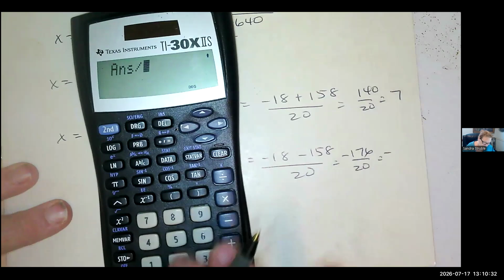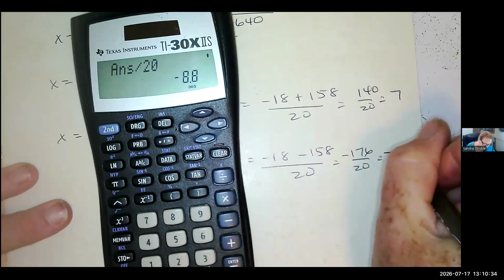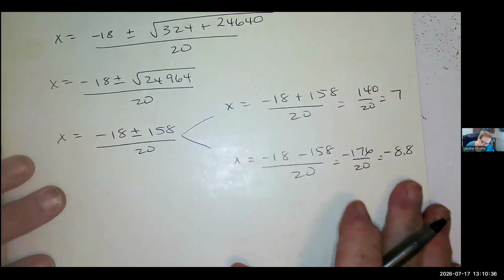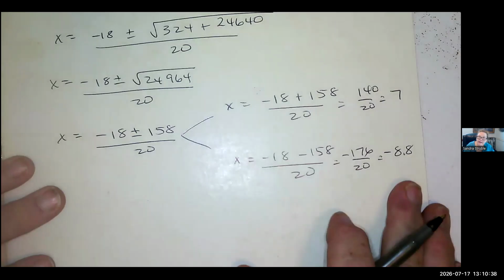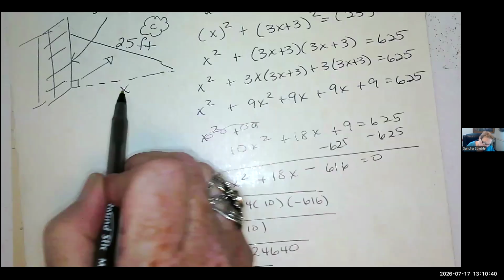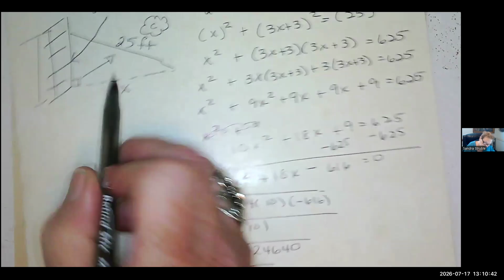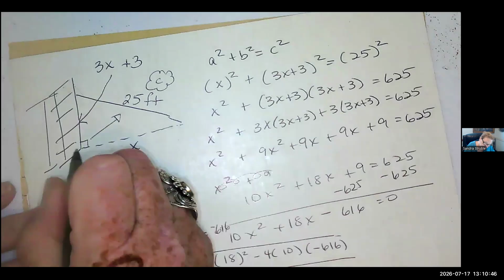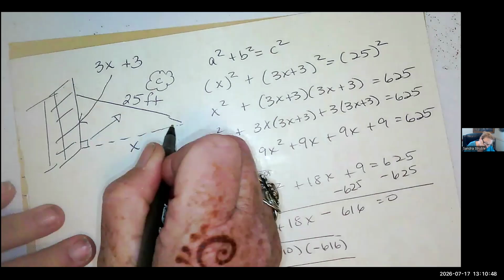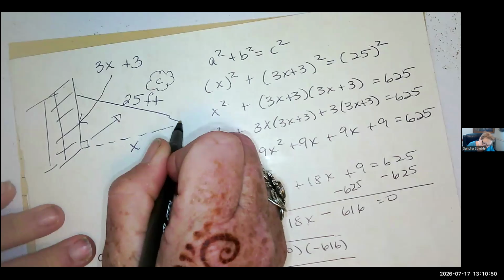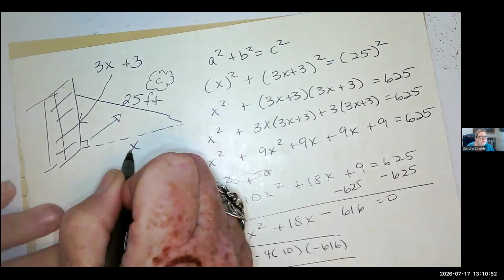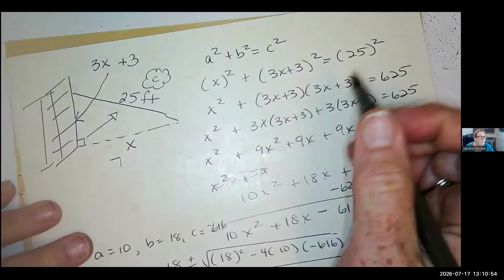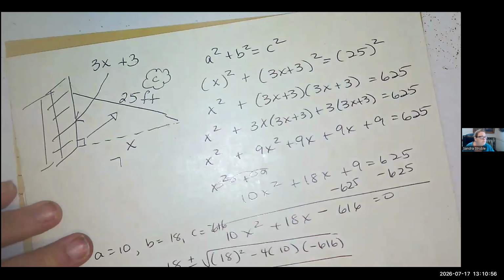What am I solving here? Distance. We're looking for legs of triangles and they can't be negative. So this is not one. So my base, the distance from the wall to the base of the ladder, is 7. What is this, feet? Yep, feet.